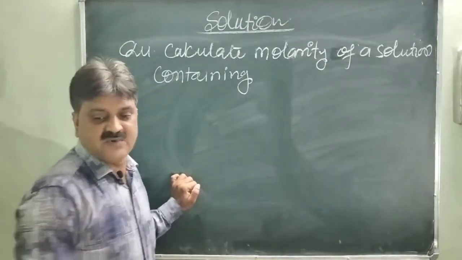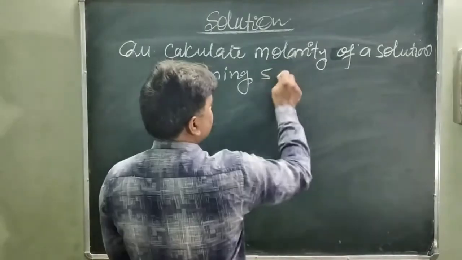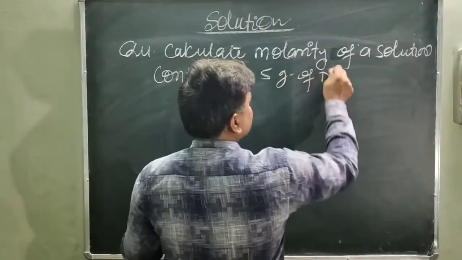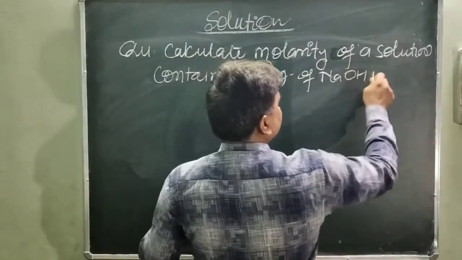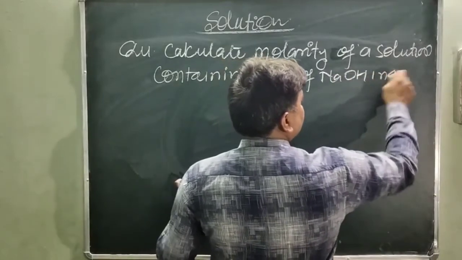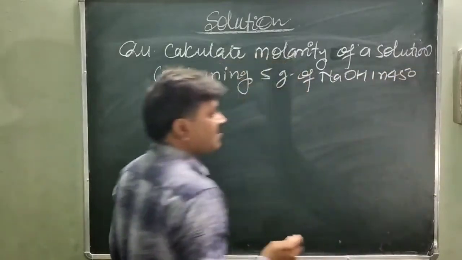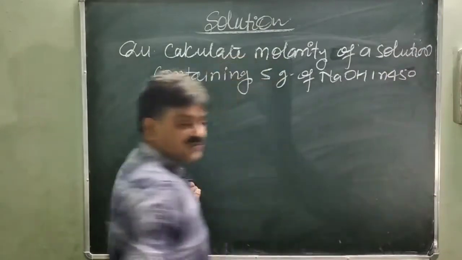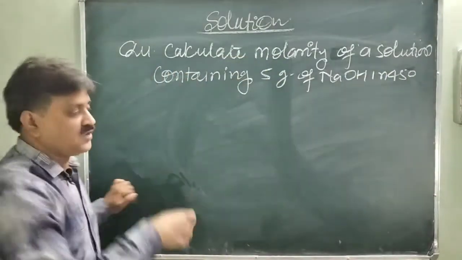This is 5 gram of sodium hydroxide in 450 ml solution.